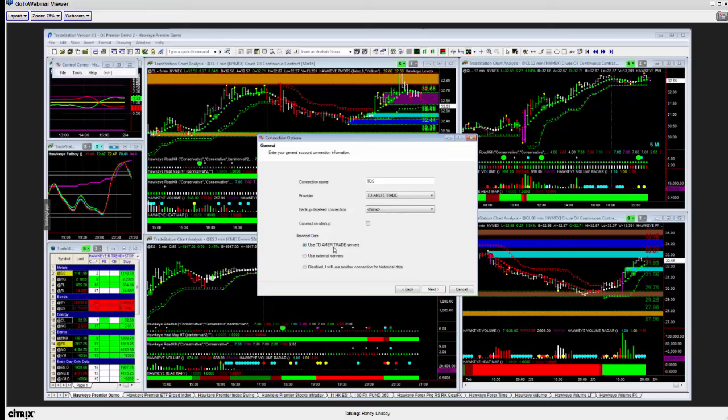Make sure you select the Use TD Ameritrade servers for your data, and then that will load the data directly into, and you go click on Next. Then all it needs is the username and password. This is the same username and password that you currently use to log into your thinkorswim application, your TD Ameritrade account. So just simply enter your username and password and click Next, and it will automatically connect that.